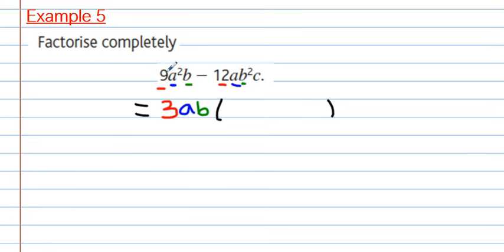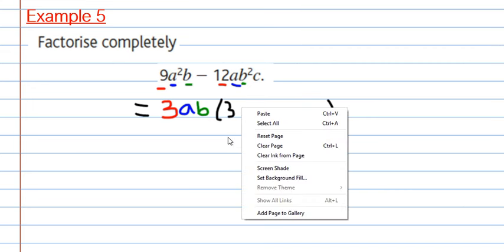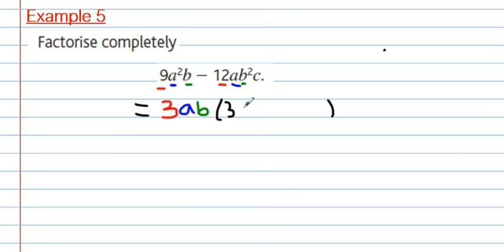How many 3's will I get in 9? That will give me 3. A squared means 2 lots of A multiplied together. So I have A already outside, so I'll have an A left. I already have my B outside, so that's sorted.